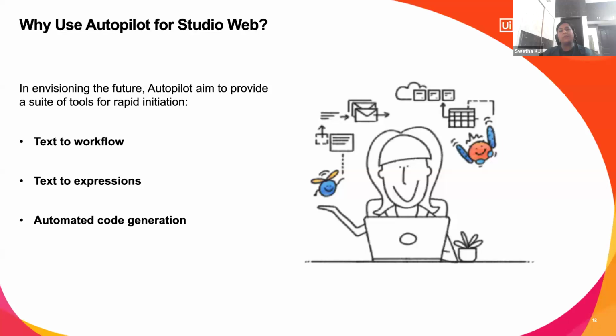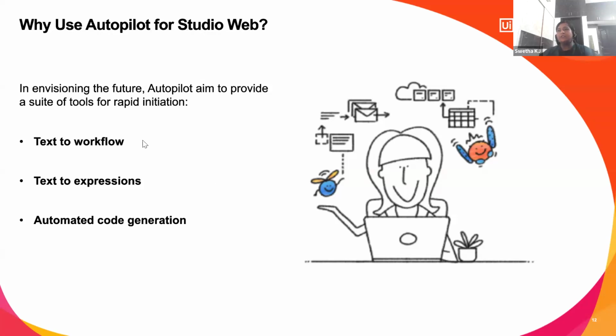With Autopilot's automation generation capabilities, UiPath Studio Web users can also expedite the process of creating automation workflows. Autopilot will also analyze users' interactions with the web applications and systems, automatically generating the sequence of actions and steps that will be required for this particular process to be completed.